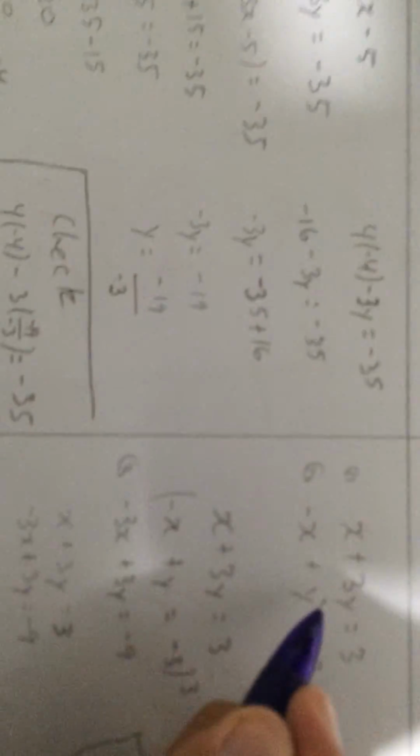In elimination, this is your equation: x plus 3y equals 3, and minus x plus y equals negative 3. Sorry, I want to eliminate the y here.